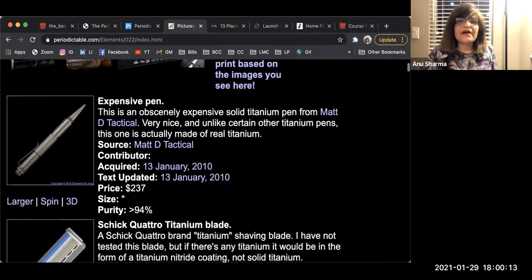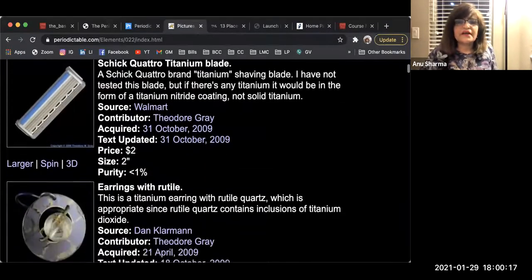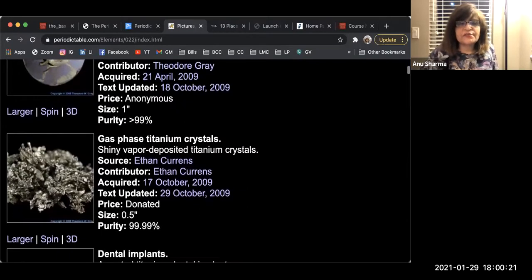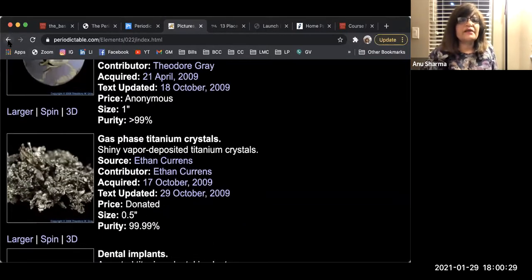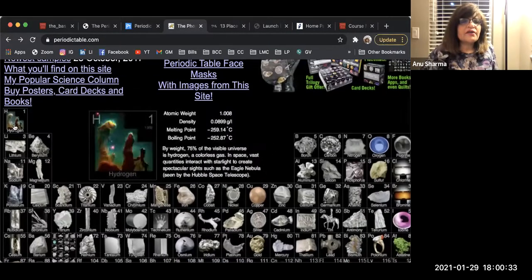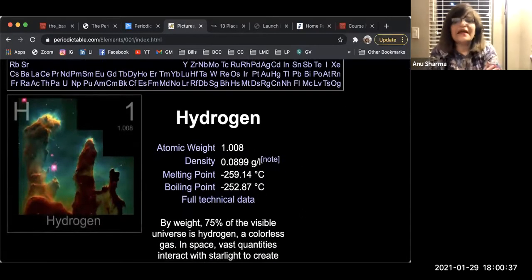Okay, so here we have all these interesting uses of titanium, and it's pretty expensive though. So gas phase titanium crystals, shiny vaporized, deposited titanium crystals. So these have been made, and then we have, look at this, the baby of the most abundant element in the universe that is beyond the earth crust, hydrogen.